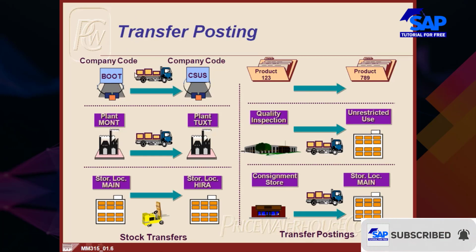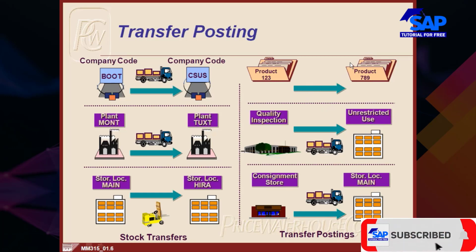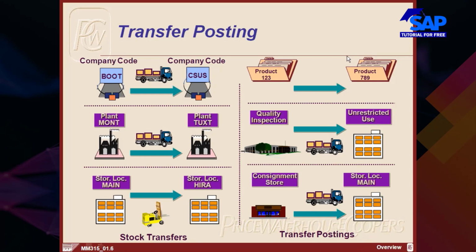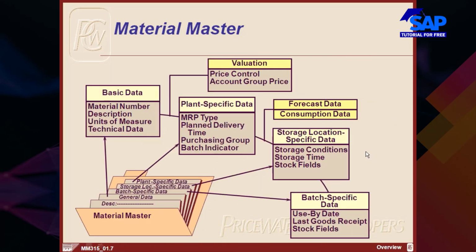Examples of stock transfers are company code to company code movement, plant to plant movement, or storage location to storage location movement. Examples of logical transfer posting are moving material from quality inspection stock to unrestricted stock, or quality inspection to blocked stock, or blocked to quality inspection. Another example of transfer posting is moving material from your consignment stores to your own stores. This is also part of transfer posting.